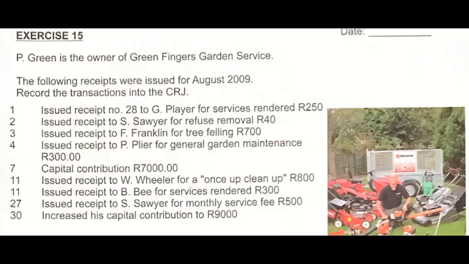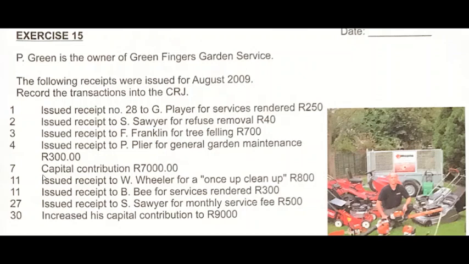And then the last transaction, on the 30th, it said increased his capital contribution to 9,000 Rand. Okay, so be careful. This doesn't say that the owner gave us 9,000 Rand. It said the owner increased his capital contribution to 9,000 Rand. And I hope you know that on the 7th, the owner made a capital contribution of 7,000 Rand.